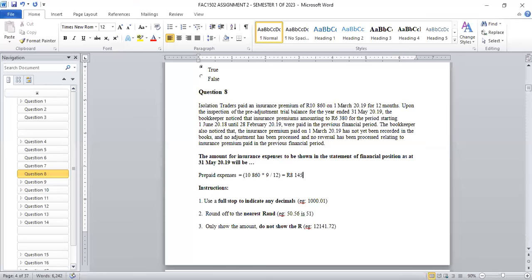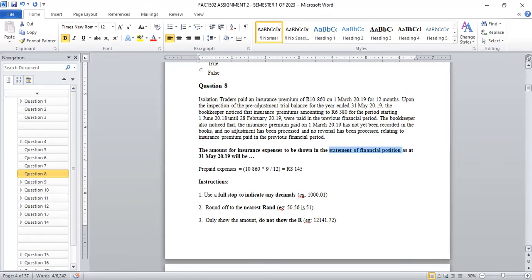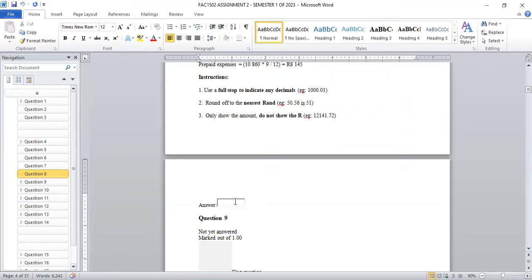The 3 months which belong to this year will go to the profit or loss. So if they ask profit or loss, we'll take the one for this year, which is the 3 months. But if they say statement of financial position, that is the remainder of the amount. So that will be 8,145. When you're answering here, don't put an R.